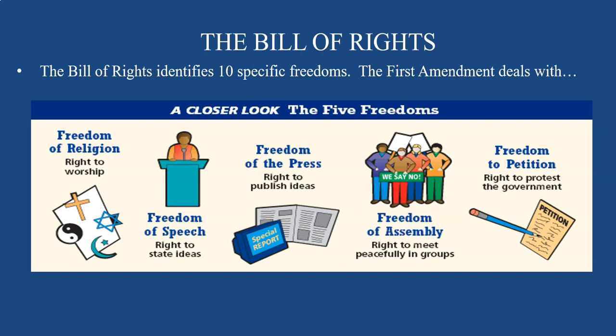The first 10 amendments deal with freedom of religion, the right to worship; freedom of speech, right to basically speak; freedom of the press, right to publish ideas; freedom of assembly, right to meet peacefully in groups; freedom to petition, right to protest the government.